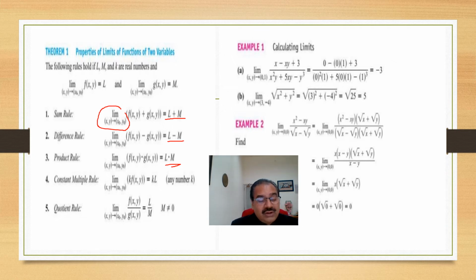And the quotient rule is, if you divide the numerator and denominator, the limit will be distributed in each, and the result is L divided by M, provided M is not 0.